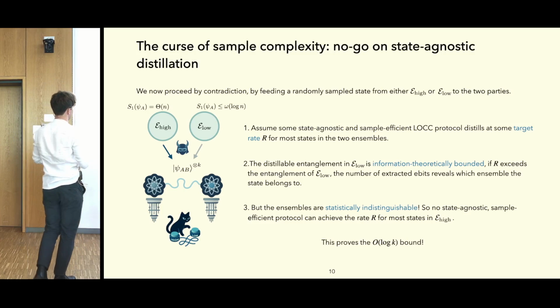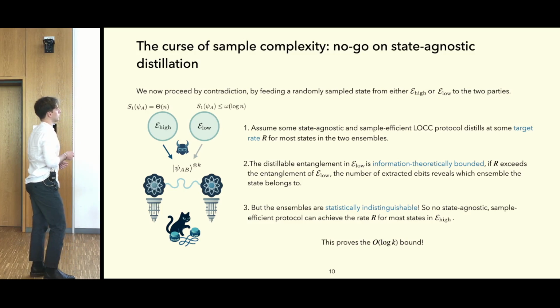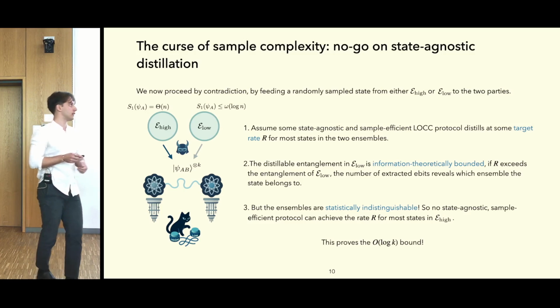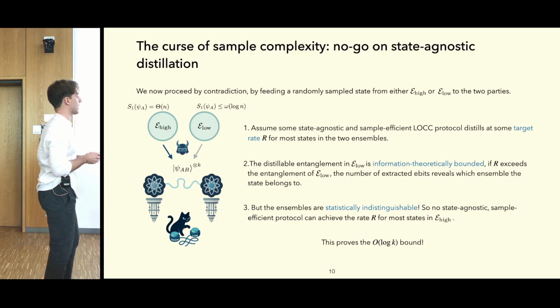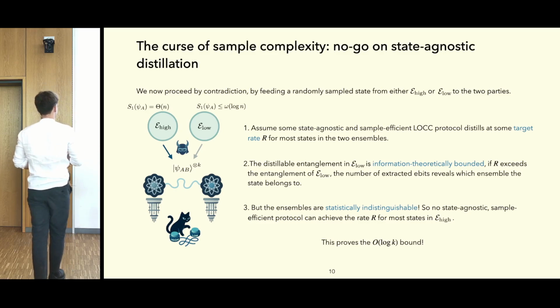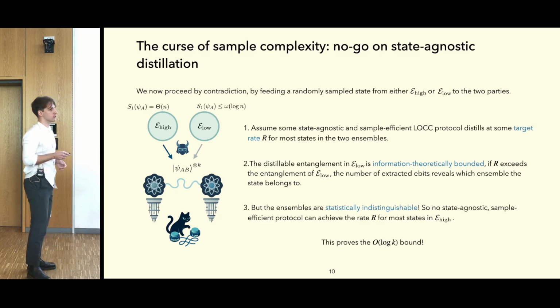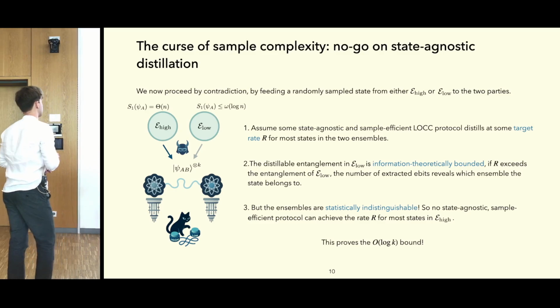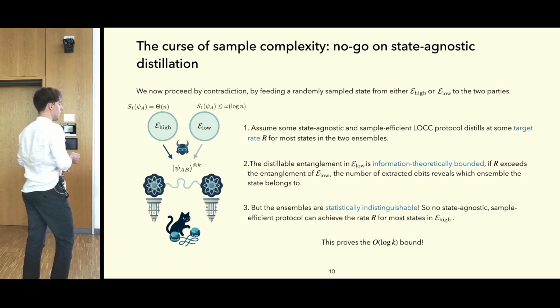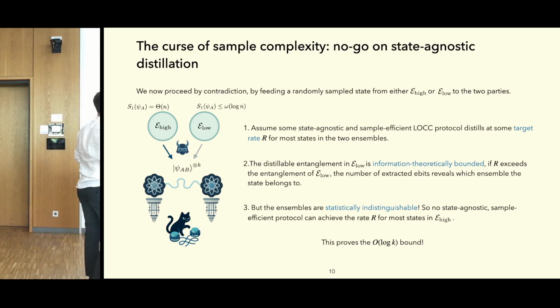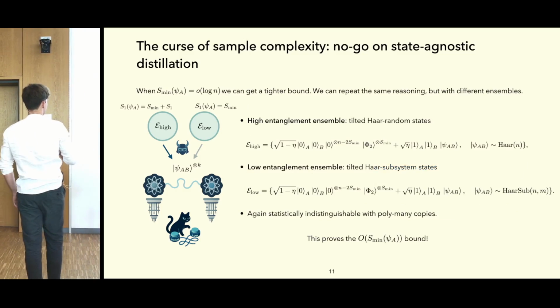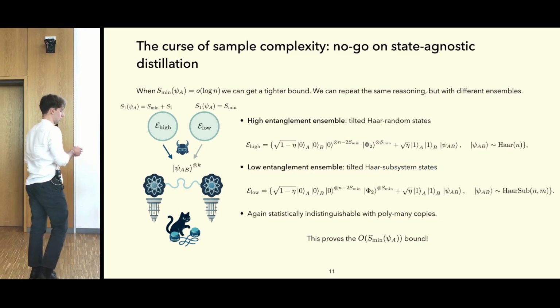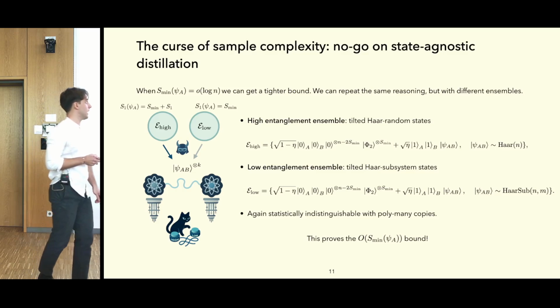This means that in the high-entanglement ensemble, we will be able to distill more than in the E-low ensemble. And therefore, there will be a gap in the distillable entanglement, and we will be able to tell apart the two classes of states, and this will provide a contradiction, because the two classes of states are statistically indistinguishable. And this provides the log K upper bound in the state-agnostic scenario. What about the min entropy upper bound?